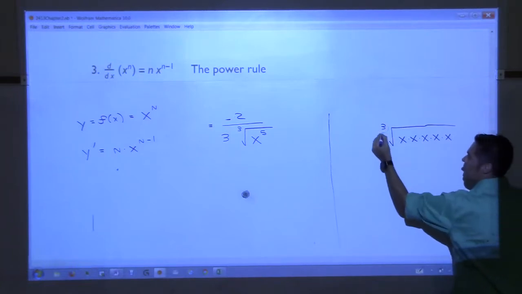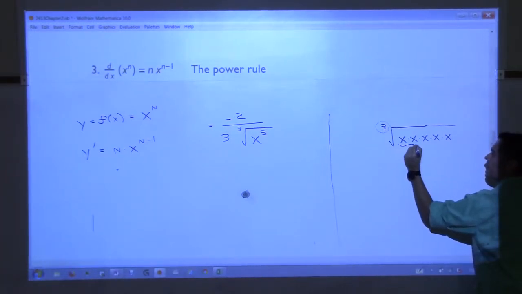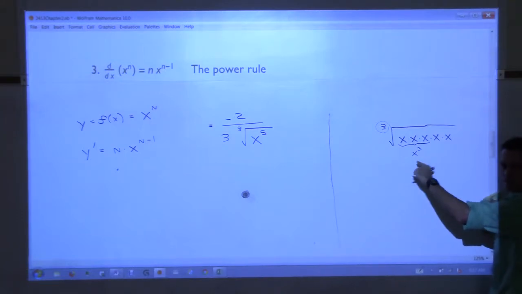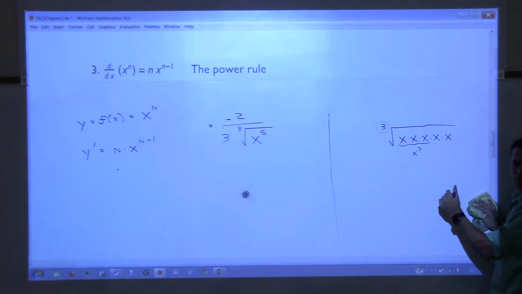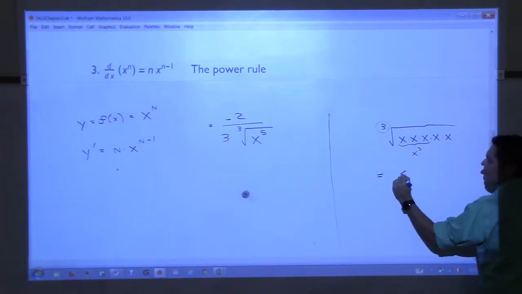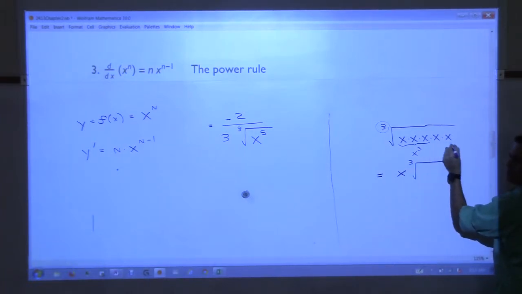And because we're doing a cube root, we're looking for groups of 3. So if we see a group of 3 in here, that's x cubed. We can take the cube root of x cubed, and that's just going to be a single x. So we can almost look at it as pulling an x out. Is that fair? Okay, this is college algebra stuff. So this is going to be x on the outside. I still have the cube root, and then I had 2 x's left over, right?